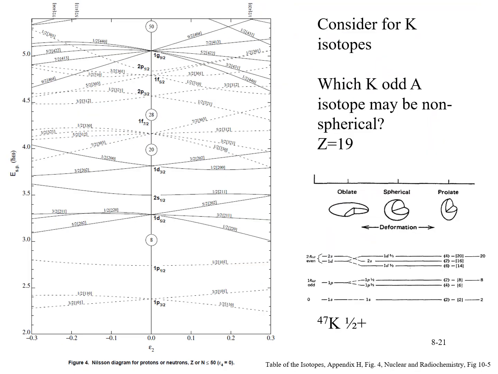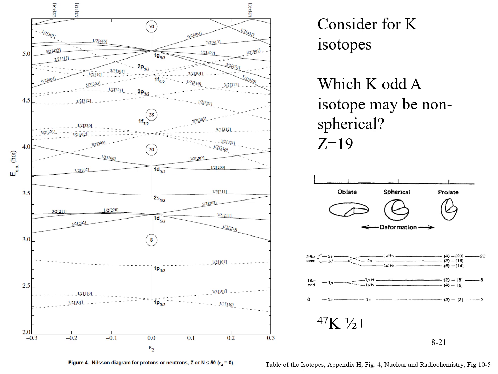We can do another example for potassium isotopes. Let's consider odd A potassium isotopes. So the unpaired nucleon is from the proton. Potassium has 19 protons. From the shell model, the 19th proton is living in this 1D 3/2 state.